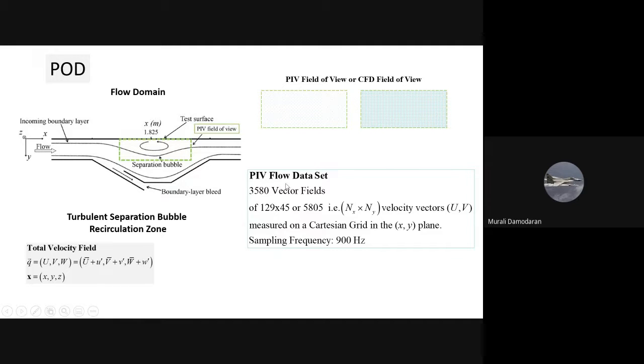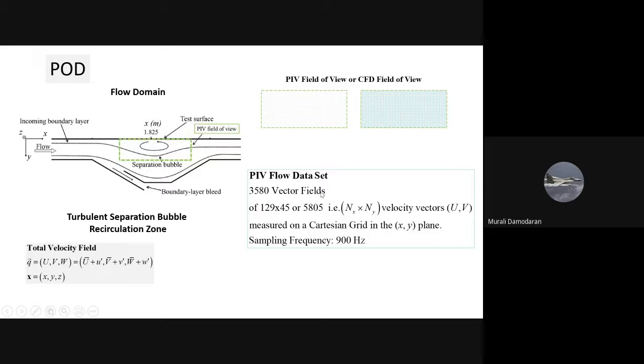The PIV data set, which is provided by Professor Weiss in his paper, consists of 3,580 vector fields in this domain. If I have a grid, the grid will contain nx and ny points in the x and y directions. I will have 129 points along here and 45 points along there.